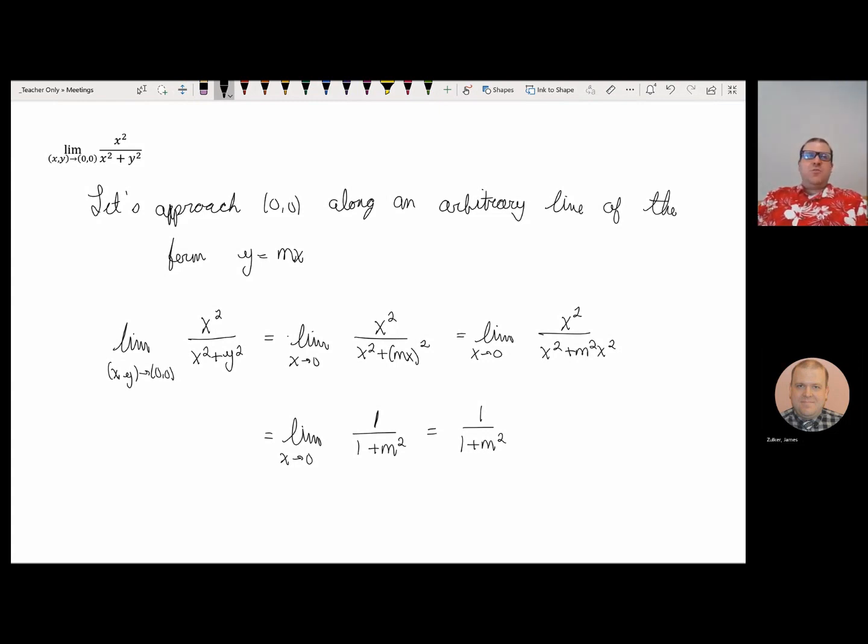If we choose a different slope, we're going to get a different limit. So in fact, we're going to get a different limit for every single line of the form y equals mx. So I did more than just find two paths where they're not the same. I found an infinite number of paths where they're not the same.